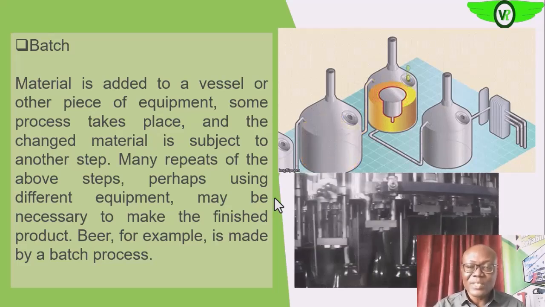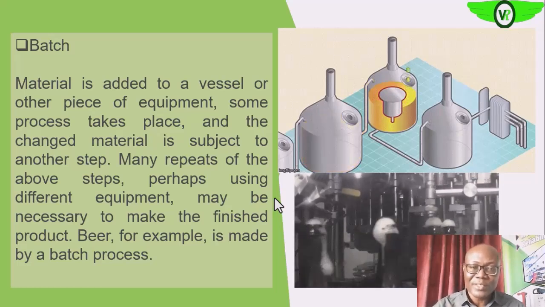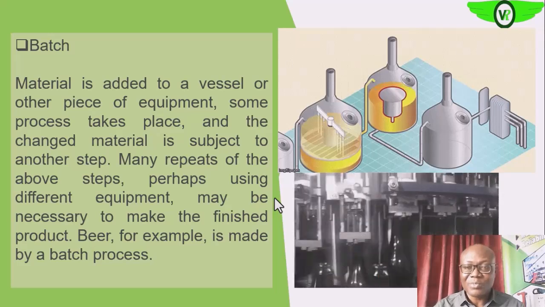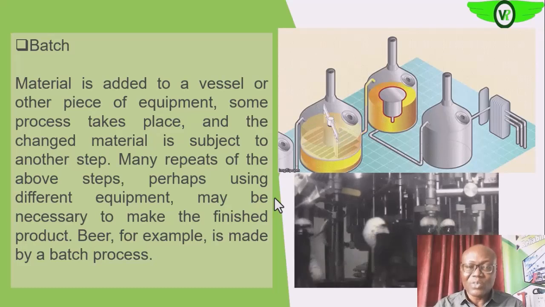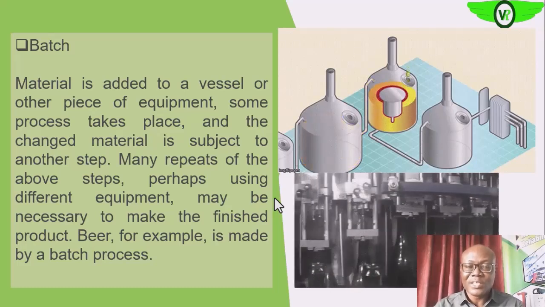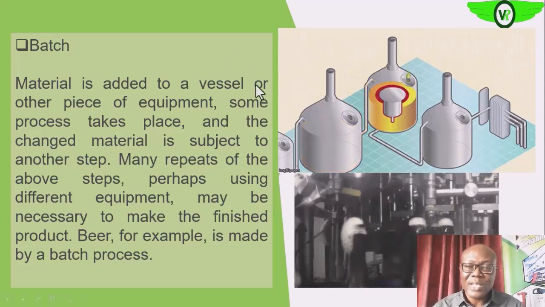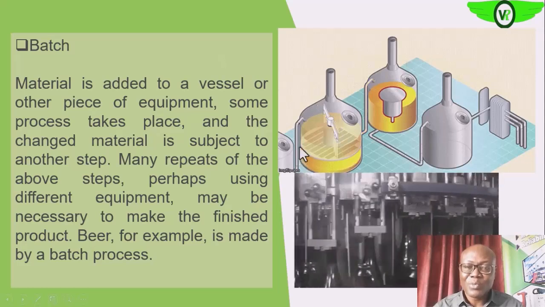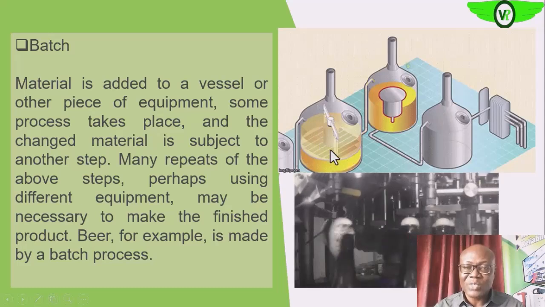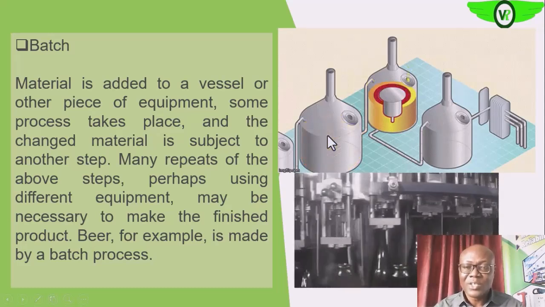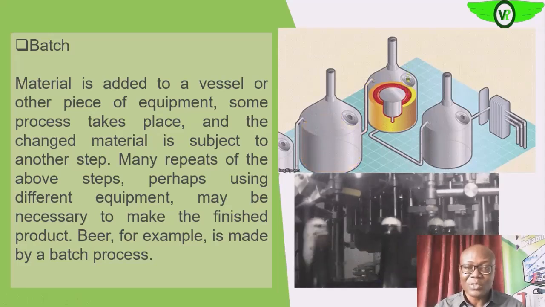At the end of that process, the product of that process is now moved to another process, and then maybe other materials will be added or it will be subjected to a different condition to generate another product from that process. So as you can see here, products could be sent into this vessel or tank, then blended together, mixed for some time, subjected to certain condition, maybe heating or pressurization, okay.